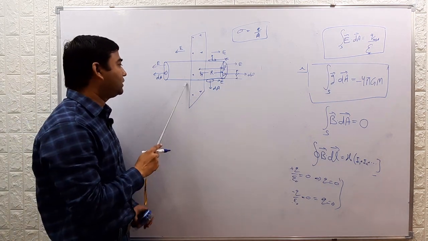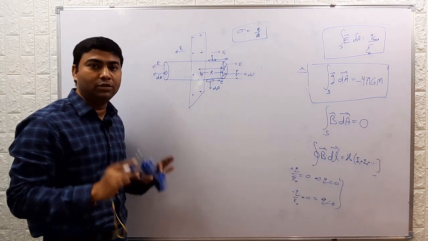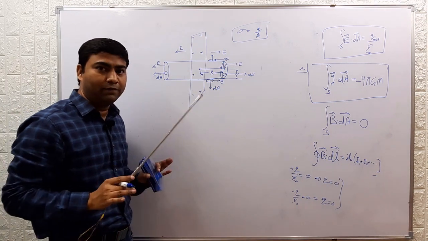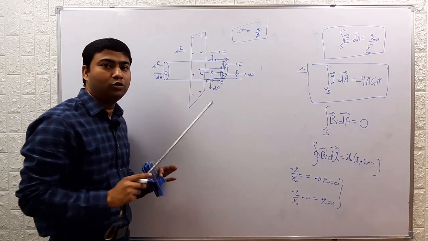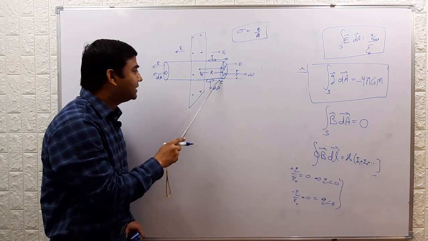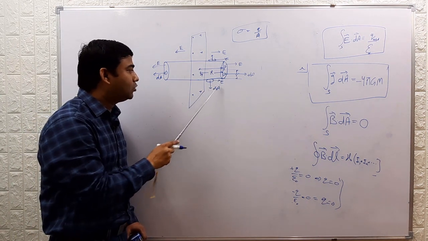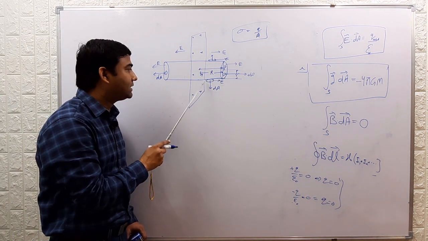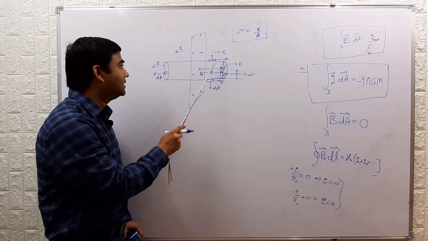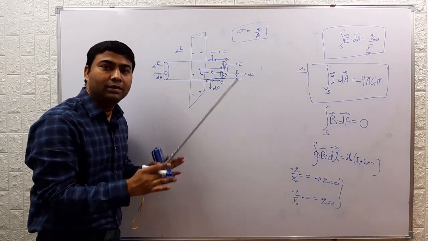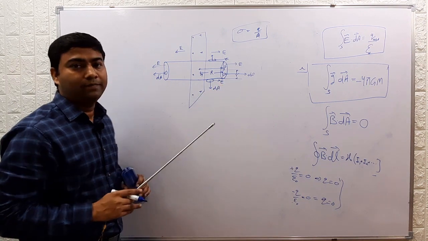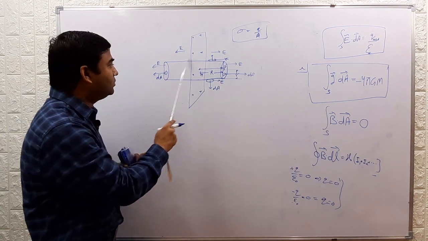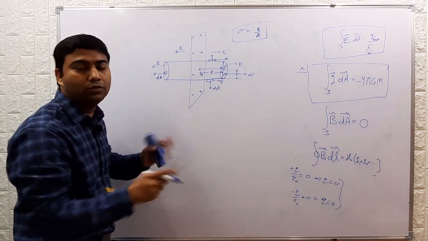So the dot product for the whole curved path will be 0. So we have simplified: for the curved path we found the dot product just by seeing the direction. Electric field and all small area vectors on this curved path are perpendicular, hence the dot product throughout this curved surface will be 0.